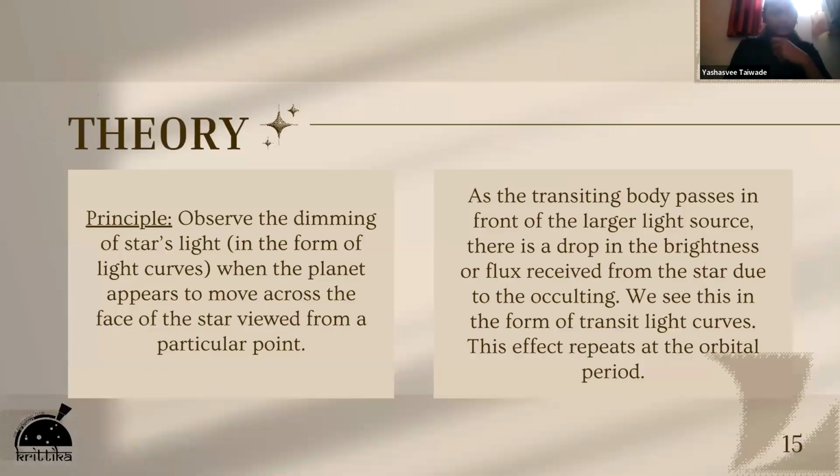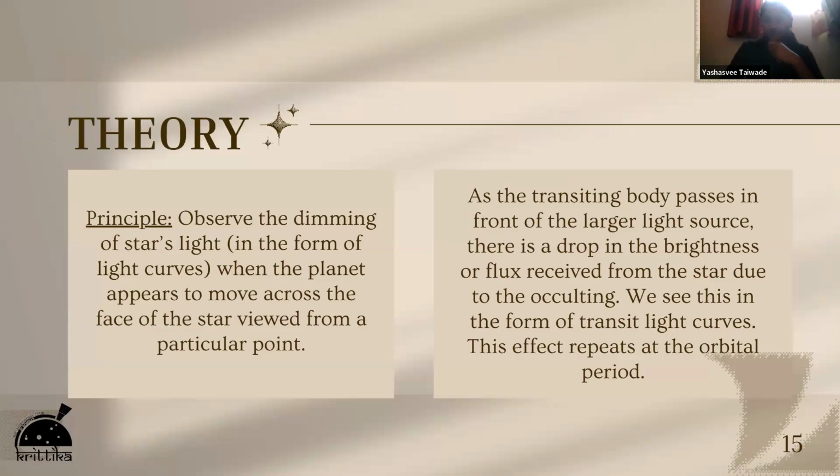Okay, so the theory. Now, what do we do with this? We observe the light, we receive some light from the star, and we observe the dimming of this light.